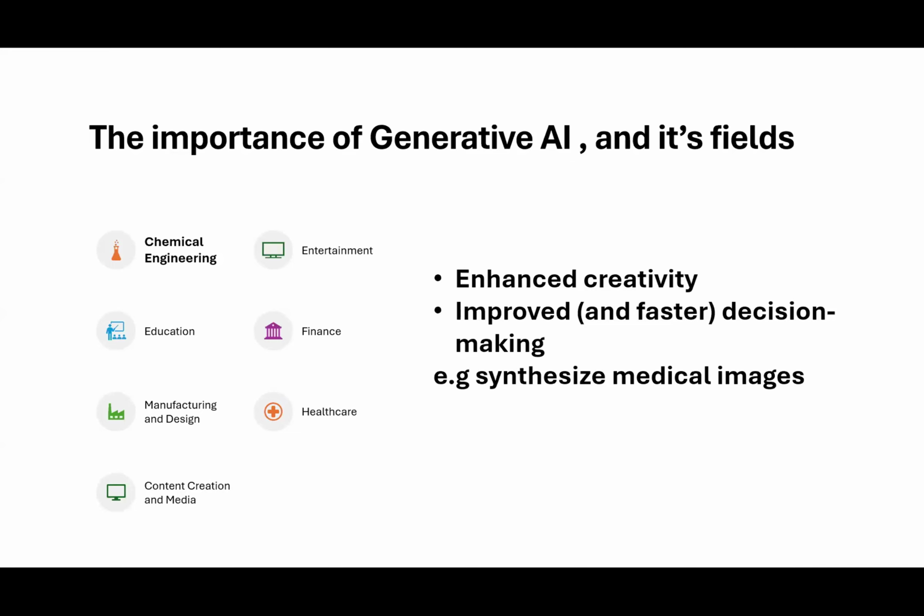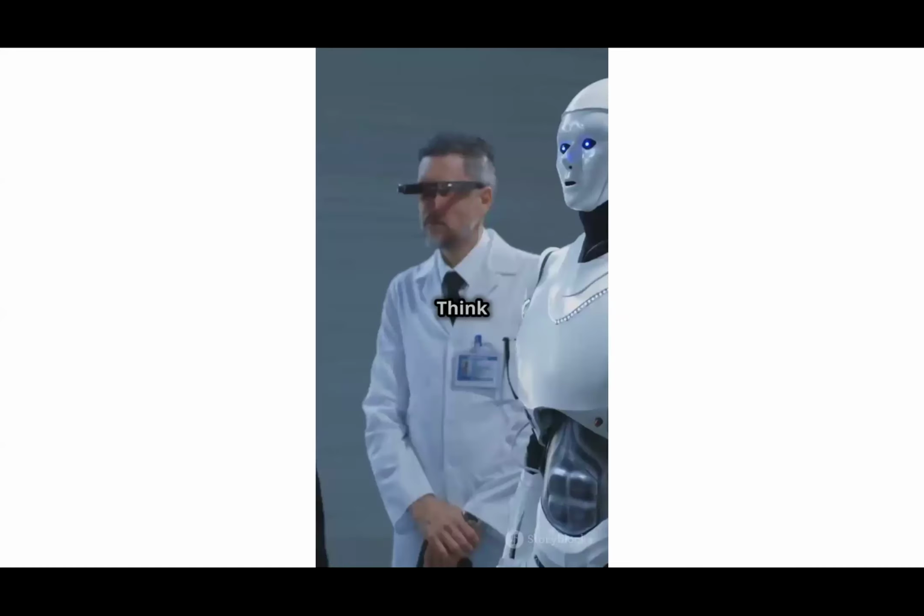Generative AI can also be used in the finance sector to create contracts and to predict finance services. In chemical engineering, generative AI can also be used widely. We will show you this video.